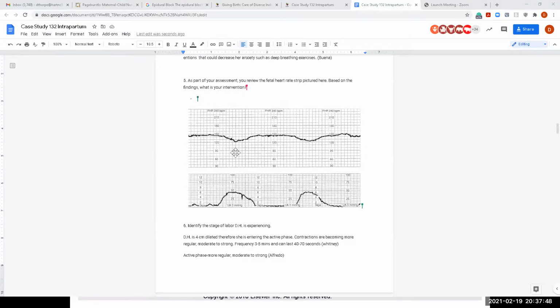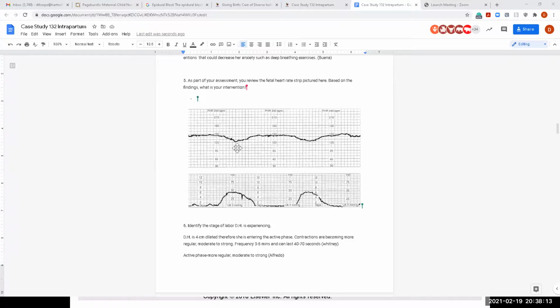Honestly, it's hard to tell, but right now the strip is still okay. You'd like to see it a little more active, and as far as what we used to call it, I think they still call it variability, but it's okay. Was that Brittany that said it was late?